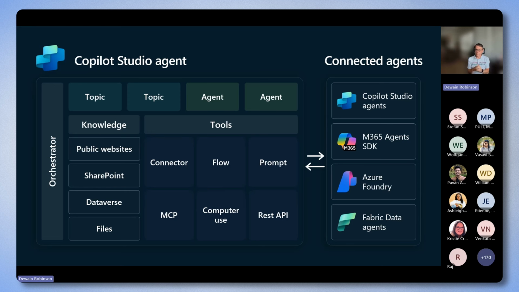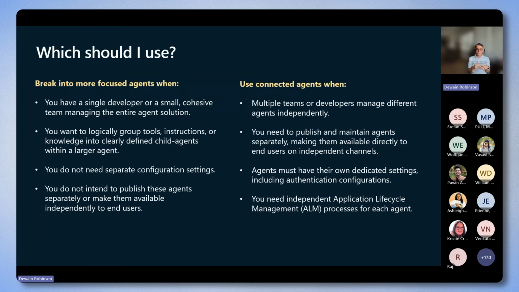A lot of people are really excited about this, but let's talk about which you should use and when. A focused agent is one that's packaged up inside, whereas a connected agent is one that is outside. It's its own standalone application that I want to connect in.